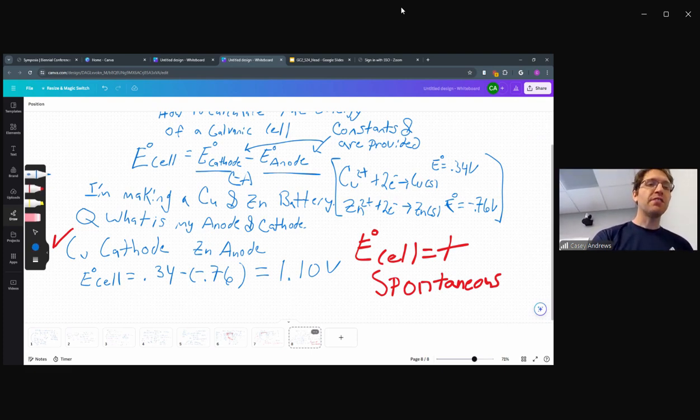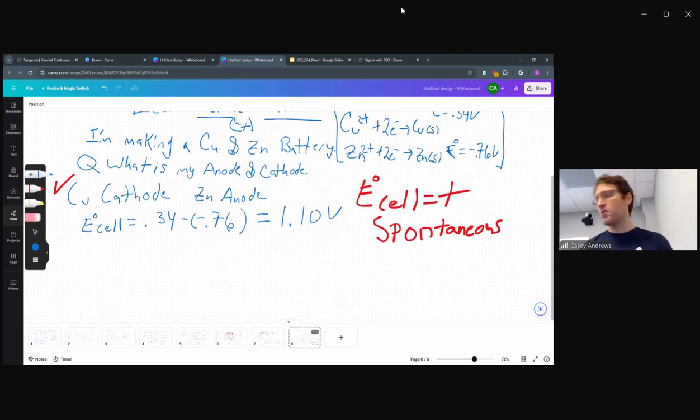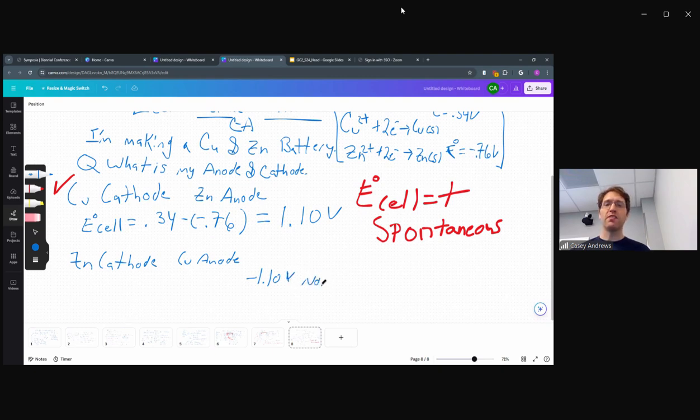If you made the opposite guess, if you said, well, I think zinc's going to be my cathode, I think copper is going to be my anode, then you would have got a negative 1.10 volts, which means no, you have it mixed up. Basically, it's like if you were jumping a car, you switch your wires, you put it on backwards. So yeah, when calculating E cell, you want a positive value.